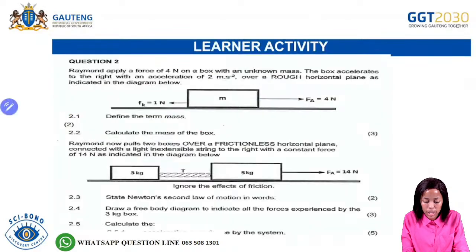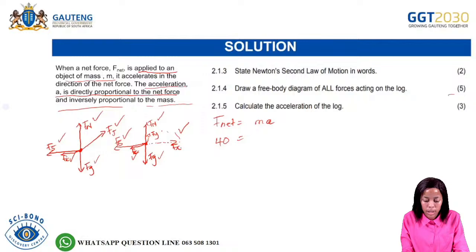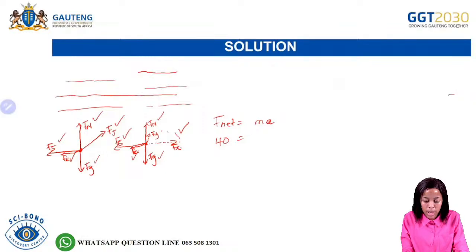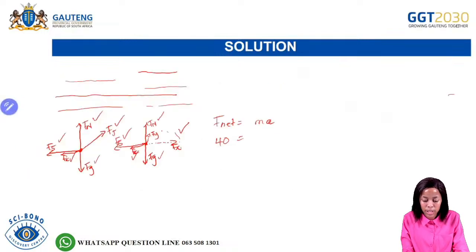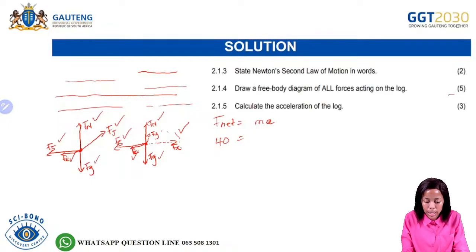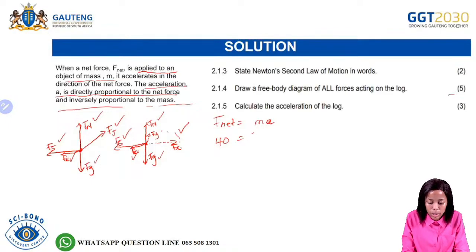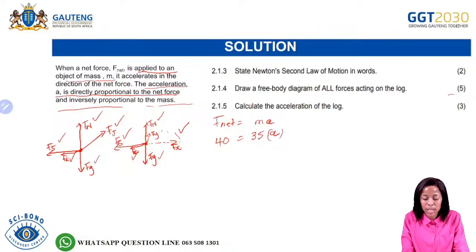What was our mass? Our mass was given as 35 kilograms. So we are going to use that mass to calculate the acceleration.